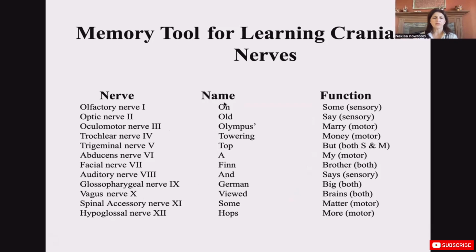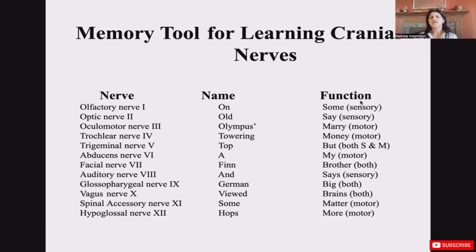The mnemonic is: On old Olympus's towering top, a Finn and German viewed some hops. That's how you remember the order of them, at least.